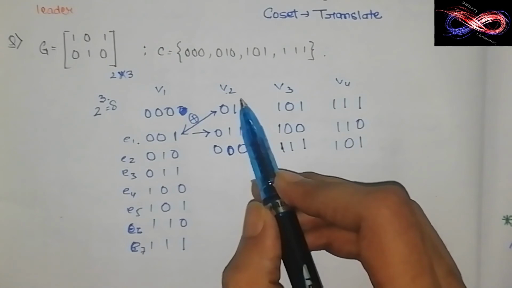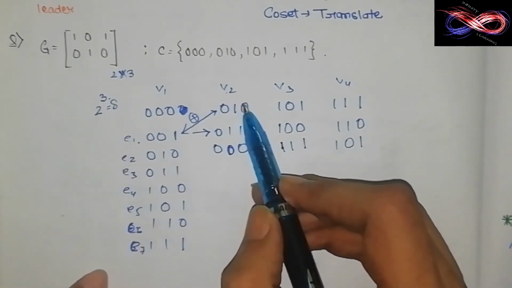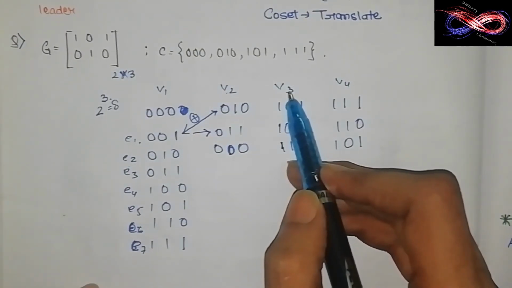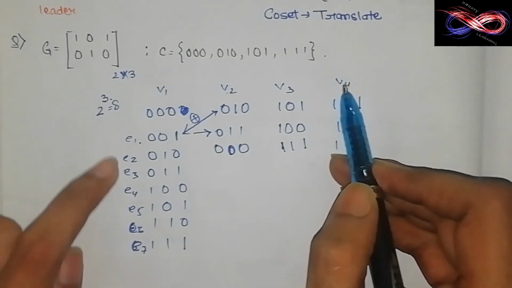For v2 we will XOR v2 with all the errors. For v3 we will XOR v3 with all the errors. For v4 we will XOR v4 with all the errors.